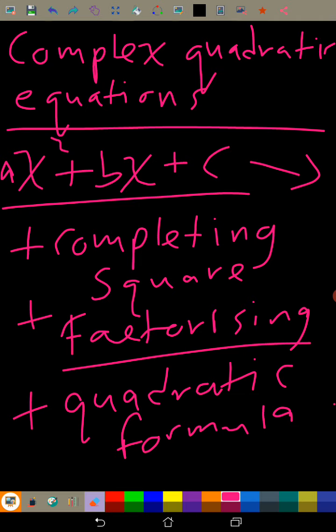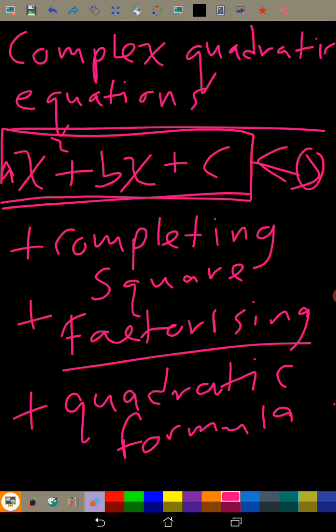So this is an expression. It can be an inequality, for example, or it can be an equation. That's what we have learned so far.